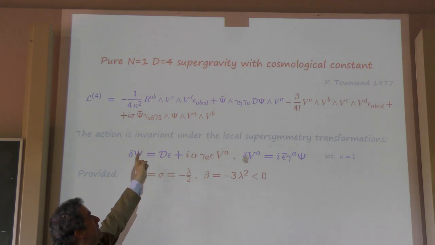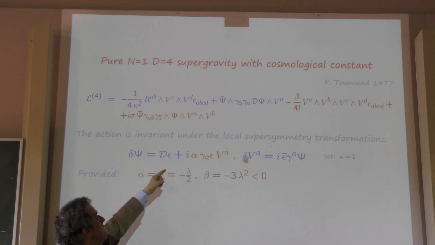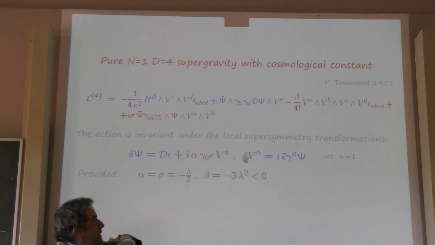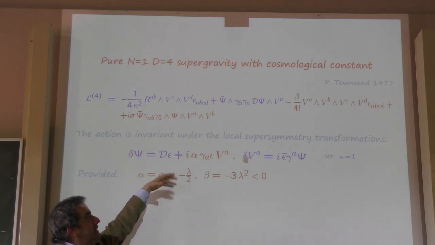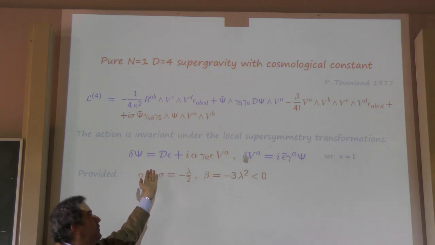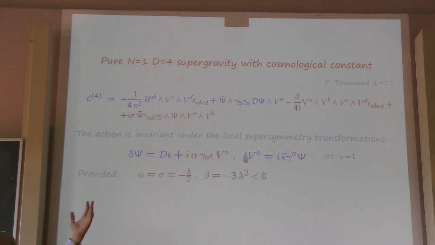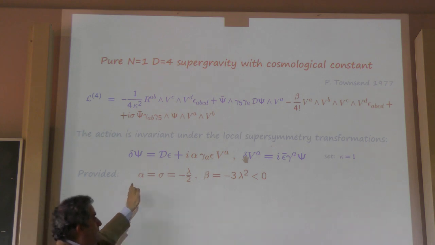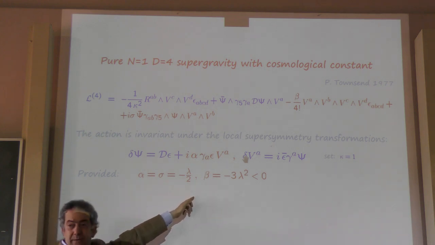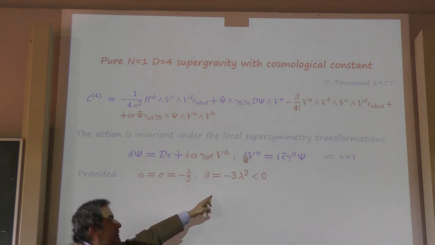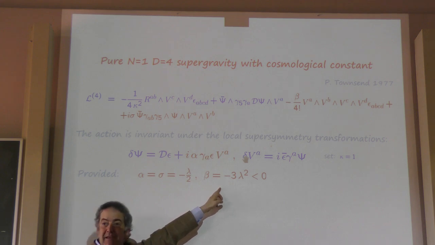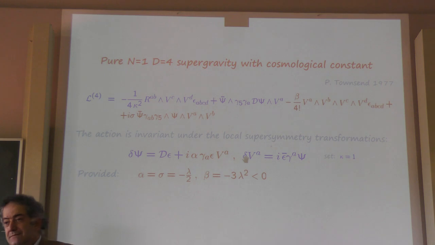They all depend on some parameters I call beta, sigma, alpha. If you write down the action of this form with the variations of this form, you can prove that the action is invariant under these local supersymmetry transformations, provided the parameters are related in this way, and in particular, provided beta is minus 3 lambda squared. Lambda is a real number, so beta has to be negative.